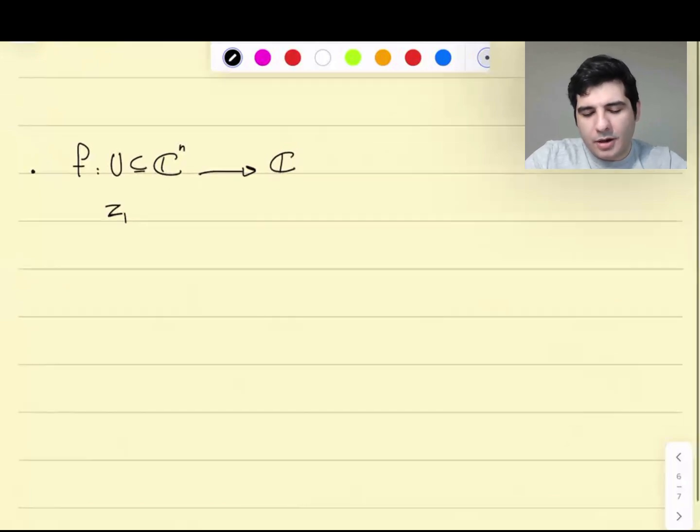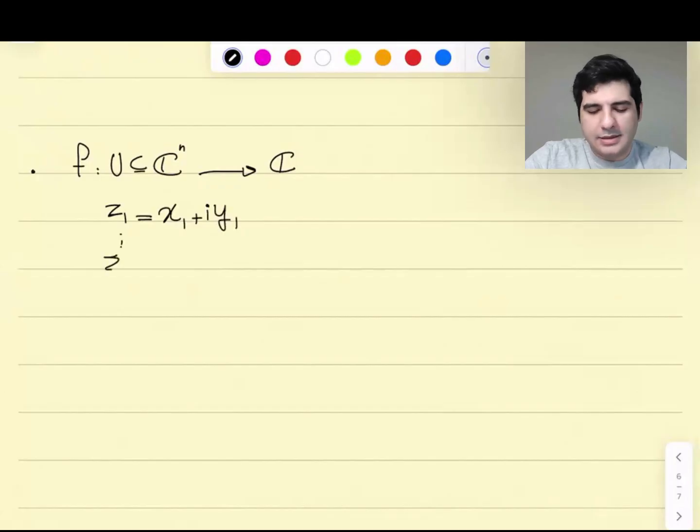Each point can be written as z1 equals x1 plus i y1, up to zn equals xn plus i yn. Now, the same way we define Cauchy-Riemann equations for one variable, we can define them in higher dimensions.